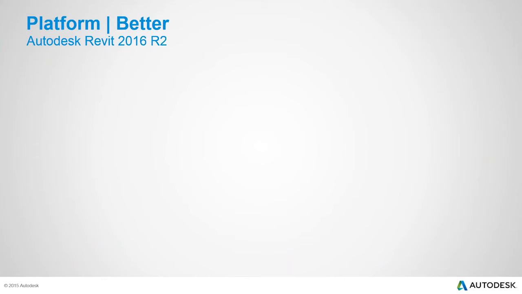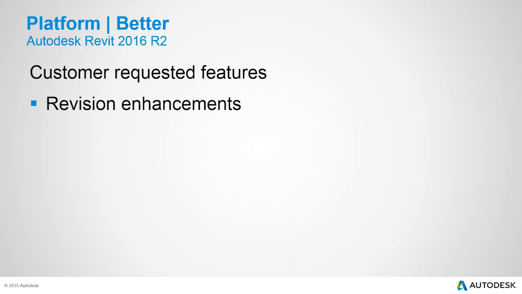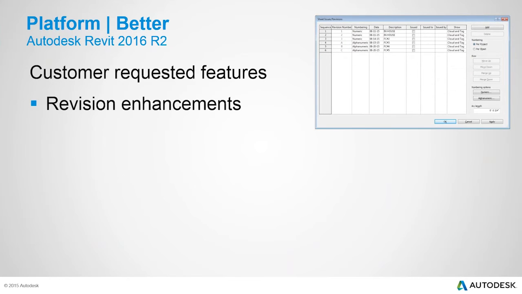There's been quite a few customer requested features, so let's take a look at some more. Additional information is now available regarding the actual revisions. So if you're using the revision tables and controlling your revision sheets with the sheet issue revisions dialog box, we've got some new tools in here.